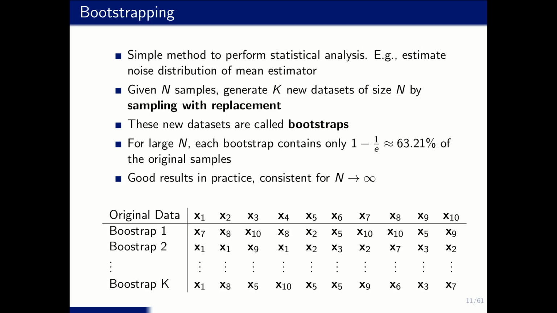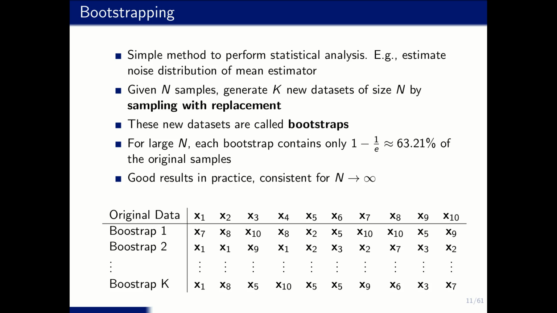Bootstrapping is not only known in machine learning, but is actually a well-established statistical analysis method, and it's more generally used to estimate the noise distribution of estimators, for example, mean estimators. Imagine that you want to measure the mean height of the world's population.